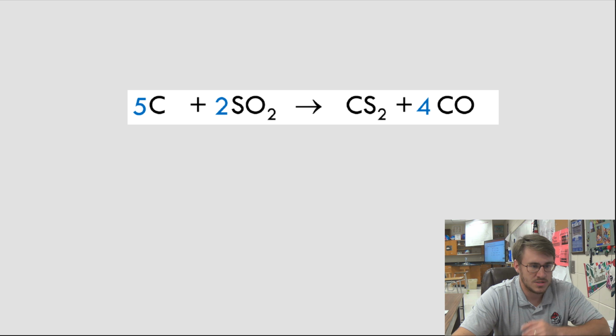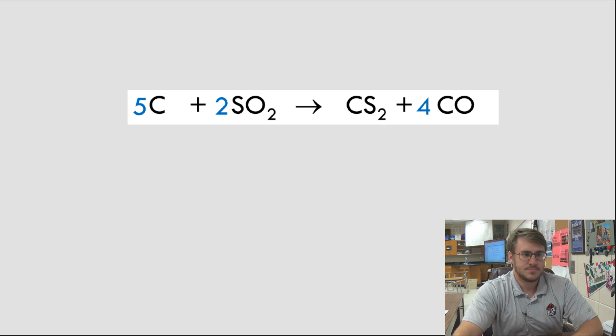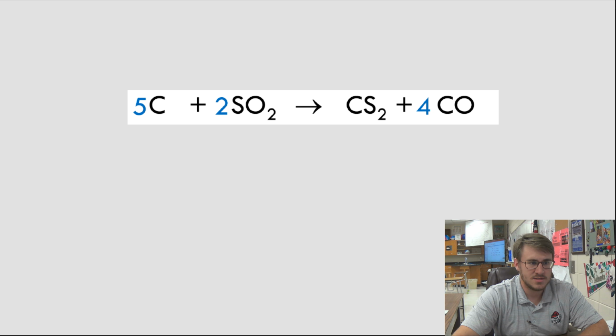So don't do anything to the C's yet. So first see that there are 2 S's, so we put a 2 there. Then that makes 4 O's, so we put a 4 there. Which then makes 4 C's plus a 5th C, and we put the 5 there.